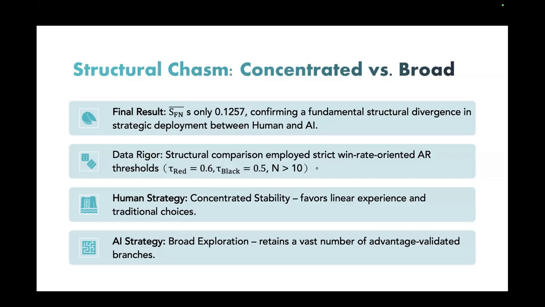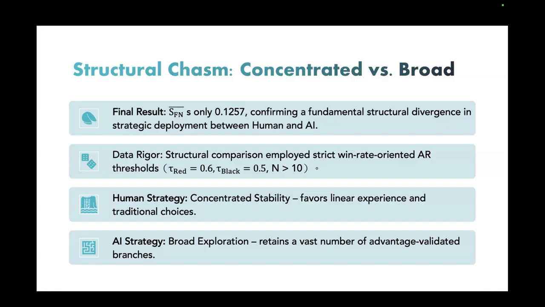With that, the divergence stems from two competing philosophies. Human strategy is characterized by concentrated stability. Players favor linear experience and the traditional choice, dedicating resources to a few proven branches.